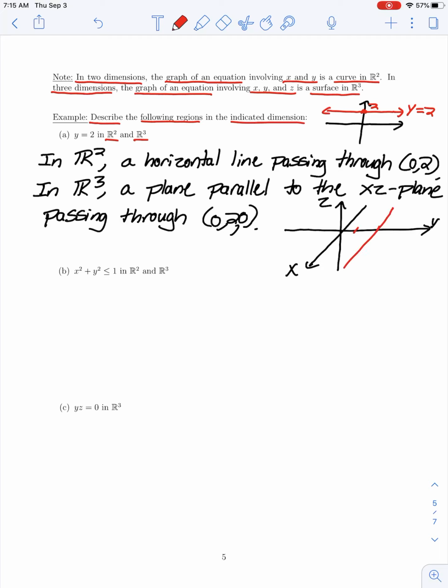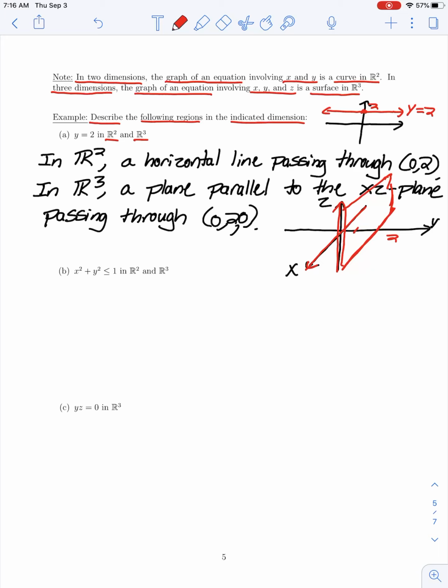So we can sort of generalize our discussion for this example in part A. If we were to have, let's say, a constant value of x, like x equals -3, then we would be looking at a plane which is parallel to the yz plane and 3 units along the negative x-axis.